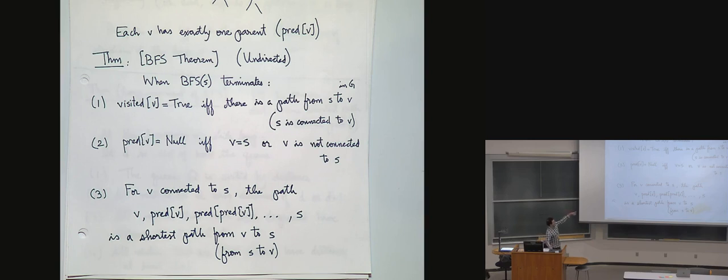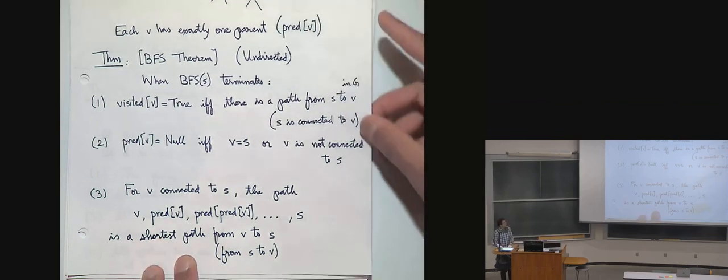That's exactly the ones that are connected. And when something is visited, unless it's S, it has a predecessor. So every visited vertex other than S has a predecessor. And so that's all you need for the second part. And the third part, we'll go over how to prove that.